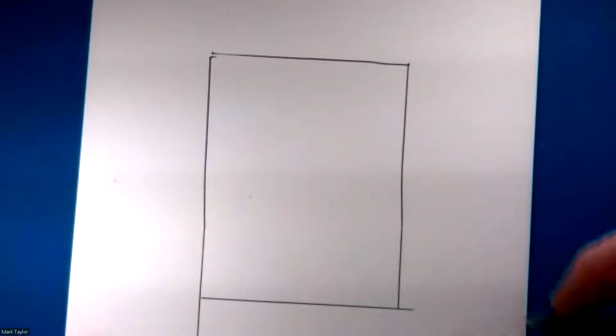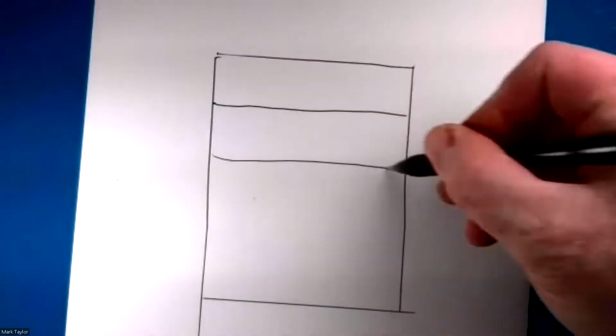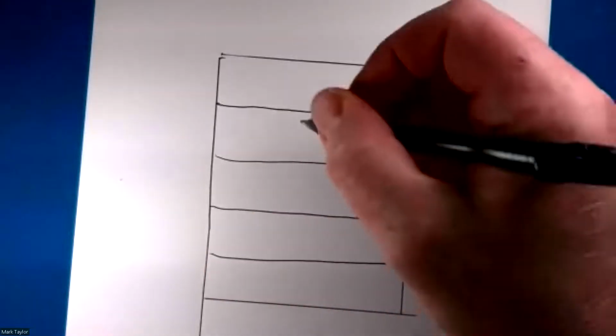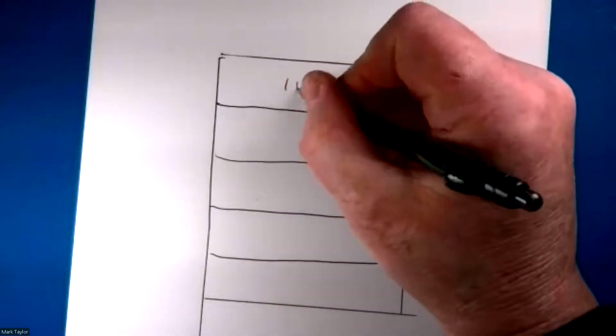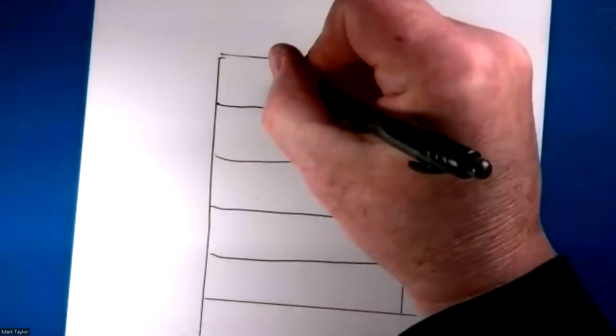What we're gonna do is take this and split it up into 5 different chunks, each worth $1,000.